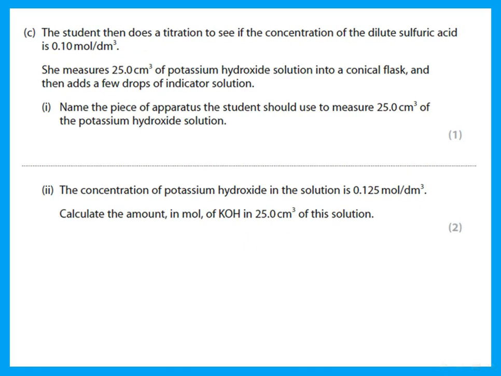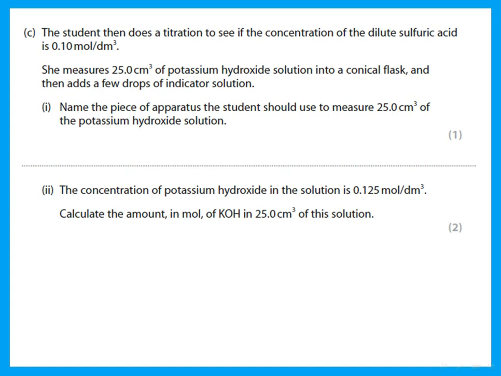The student then does a titration to see if the concentration of dilute sulfuric acid is 0.1. She measures 25 centimeter cubed of potassium hydroxide solution into a conical flask and then adds a few drops of indicator solution. Name the piece of apparatus the student should use to measure 25.0 centimeter cubed.